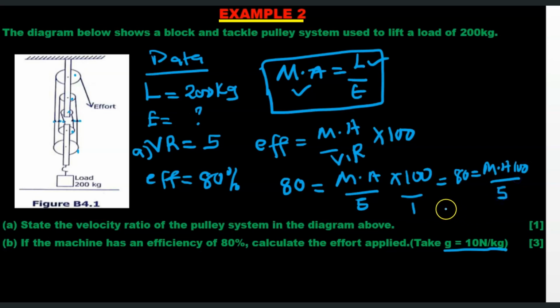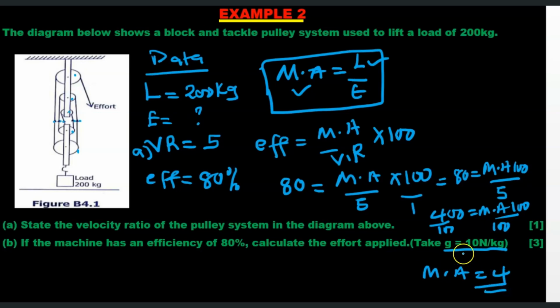We cross multiply, and we are going to have 80 multiplied by 5. 80 multiplied by 5 is 400. So 400 is equal to MA times 100. We want to find MA, so we divide both sides by 100. When you divide by 100 on both sides, you are going to have mechanical advantage is equal to 4. So we found the mechanical advantage.